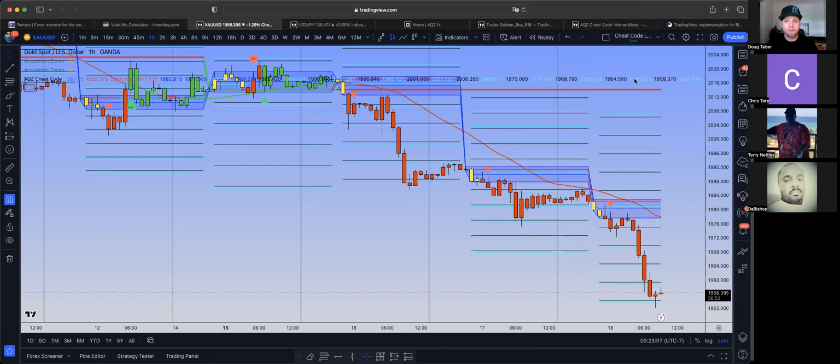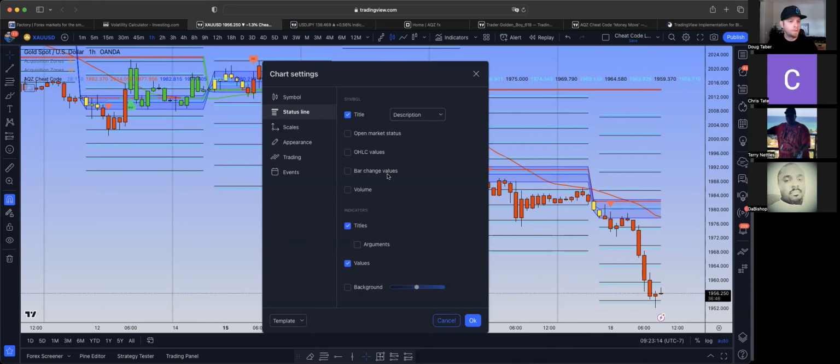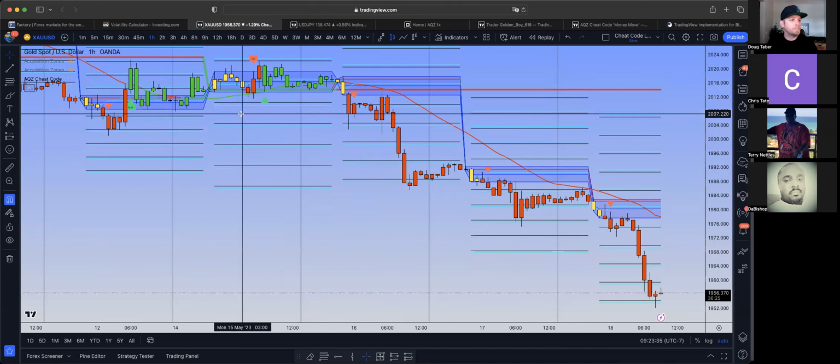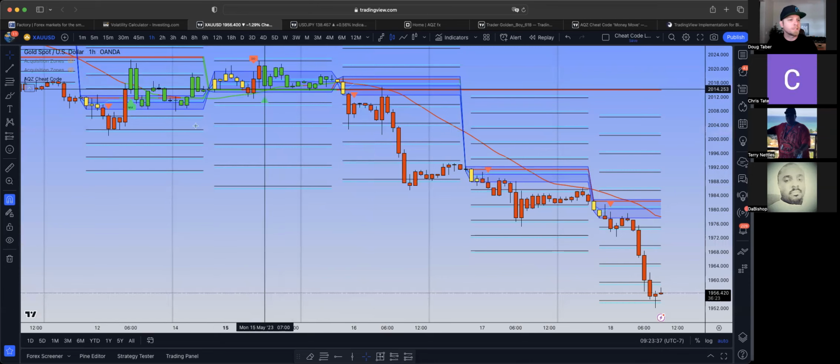We can eliminate those by going to the gear setting on the top right corner, going to status line, and then unclicking values. Perfect. Okay, so now we have a nice clean chart with just AQZ cheat code elements on it.